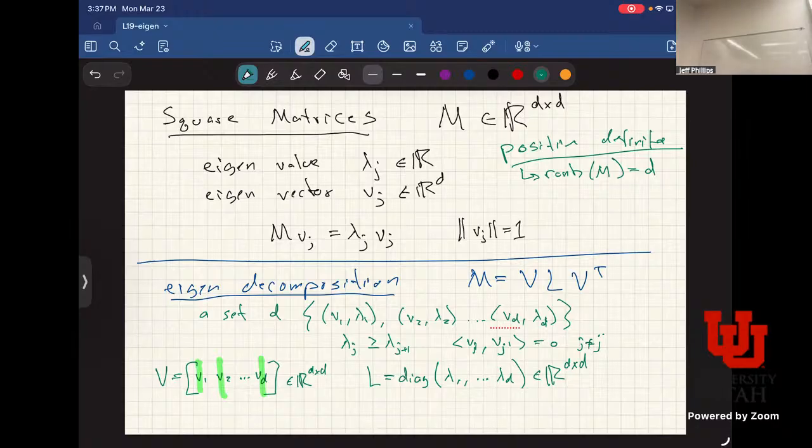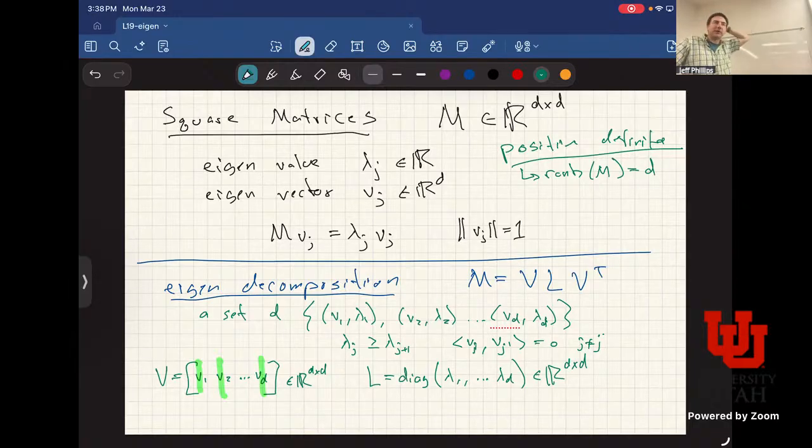Then I can take V, multiply it by L, the diagonal matrix, and by V transpose again, and I get back M, right? So this is a very nice decomposition. To say it in full generality, if it's not positive definite, then going through all the conditions of when this exists and the properties of it, remember from linear algebra class, can be really complicated.